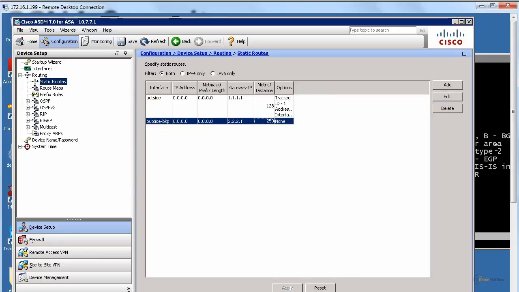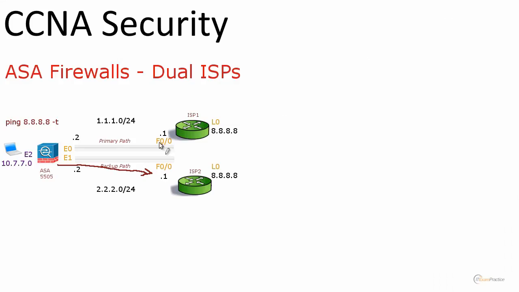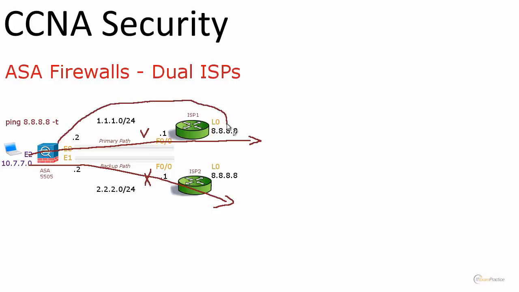Okay, how can we test it? Again, this is our primary path, right? This is our backup path. This one is not in use. This one is in use. The ASA is pinging that IP address at the moment.